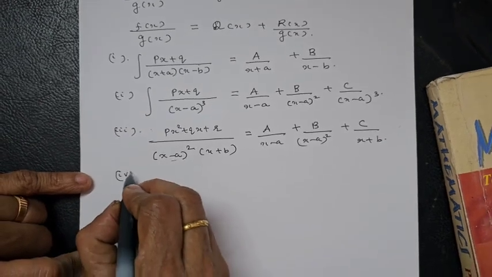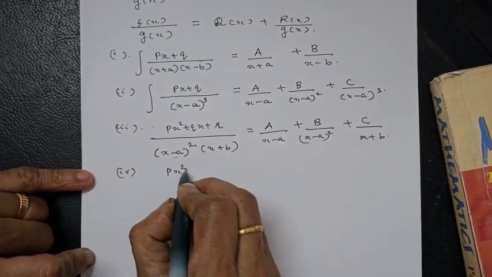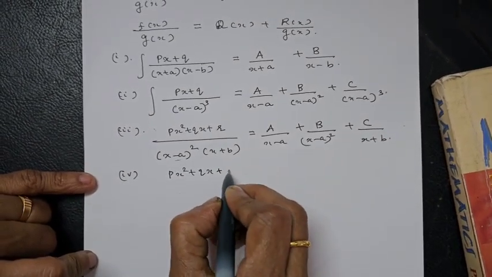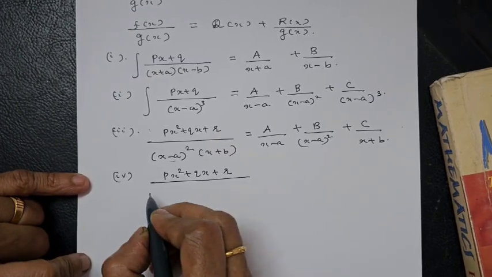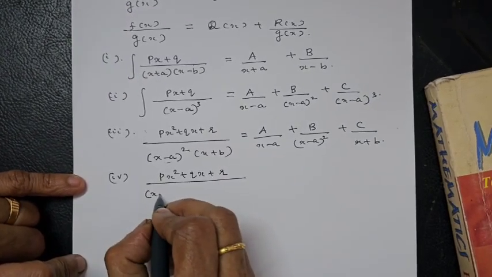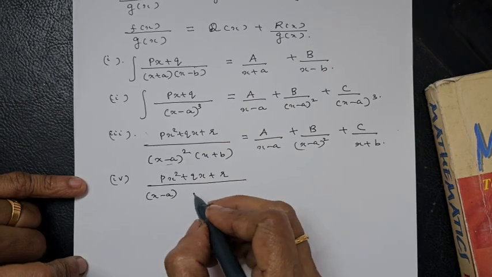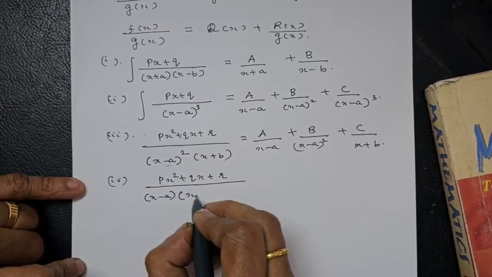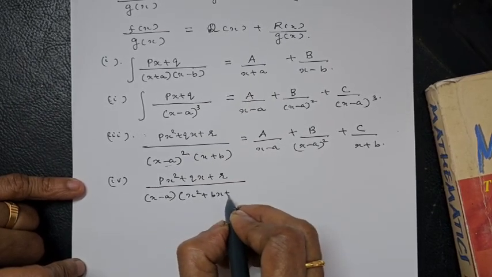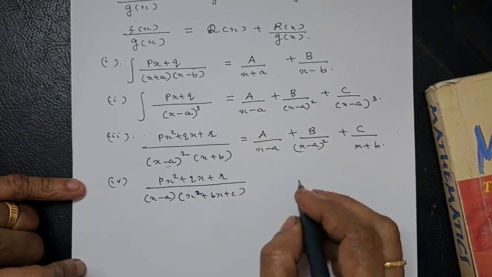And finally, if we have in the denominator a quadratic factor which cannot be factorized, that is, an irreducible quadratic factor, we cannot reduce it into linear factors.